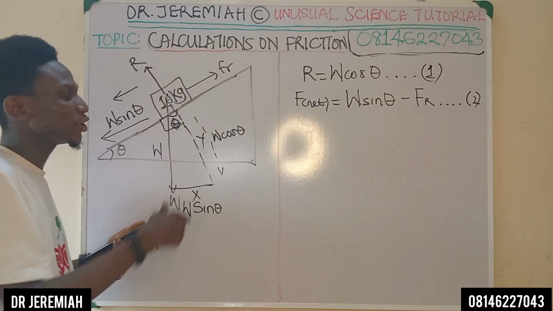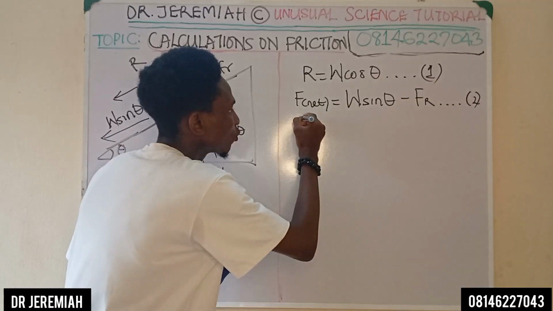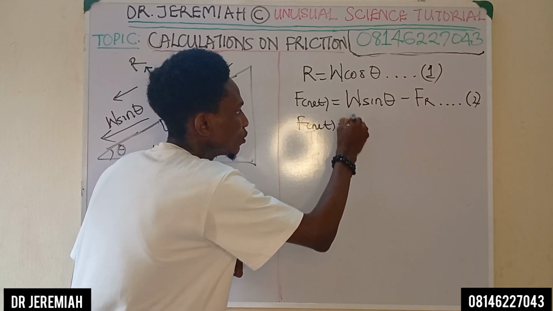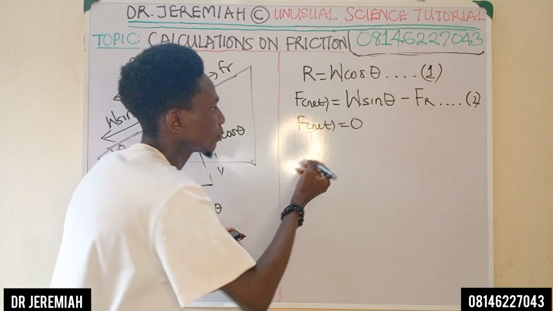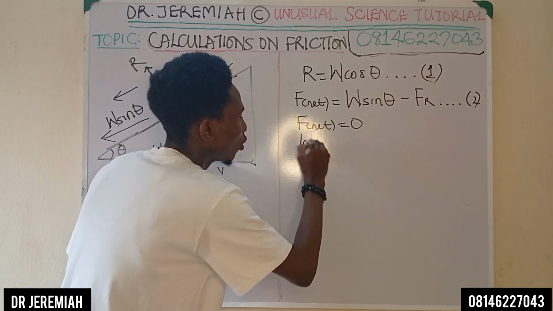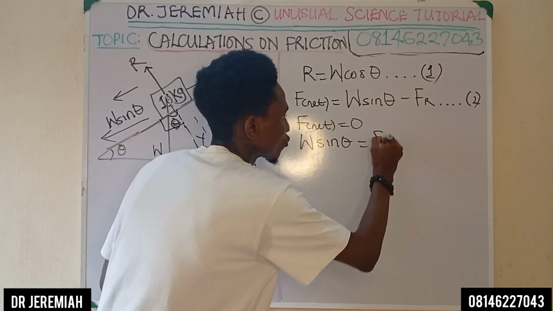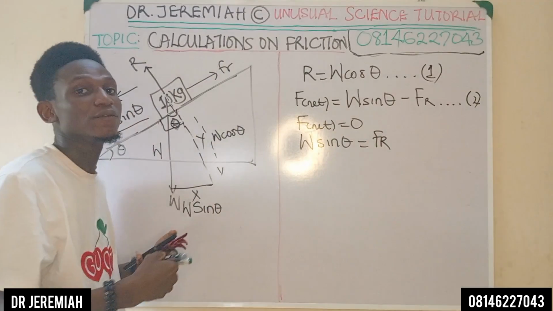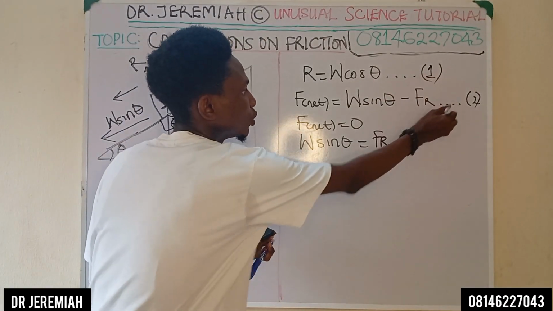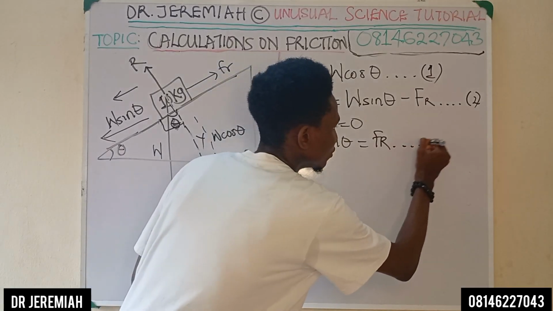And if the body is at rest, we can say net force is 0. I explained this in the previous video, sorry, in the previous solving on horizontal surface. So we're going to have W sin theta equals to frictional force. So this is equation 1 and equation 2. Now, let's just call this equation 3.